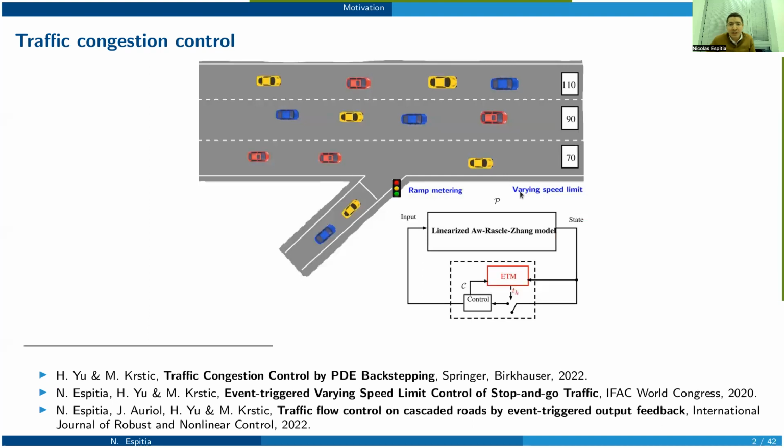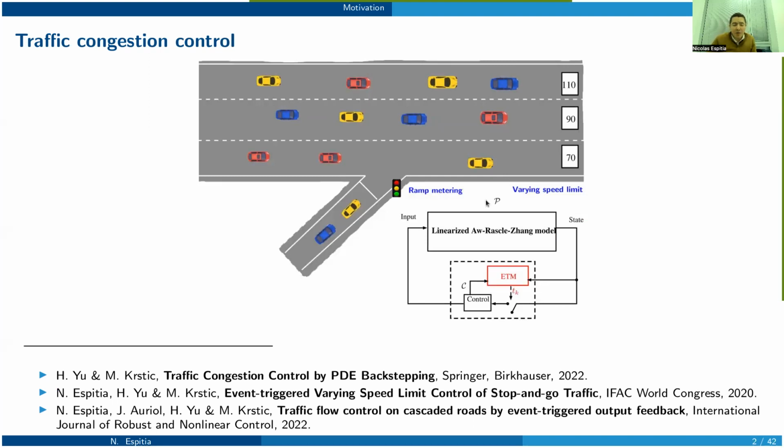And we can find several contributions for the design of continuous time boundary controllers. If you want to explore those control strategies using, for example, ramp metering or varying speed limits, I recommend consulting the recent book by Yu and Miroslav Krstic, and you will find several strategies, continuous time controllers designed by the backstepping method.